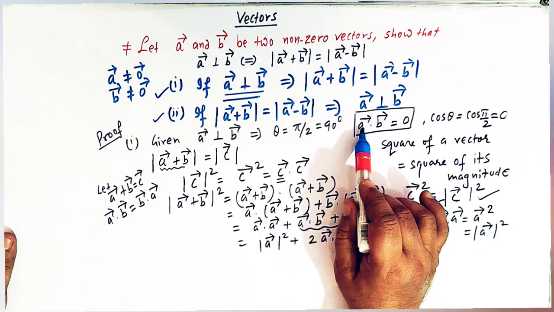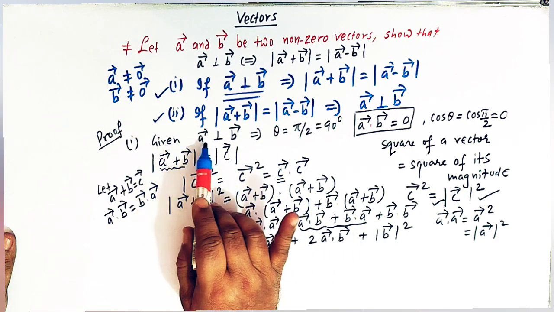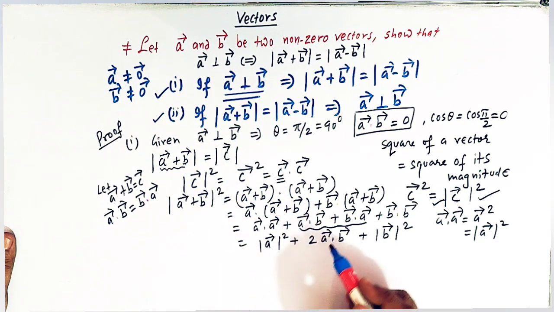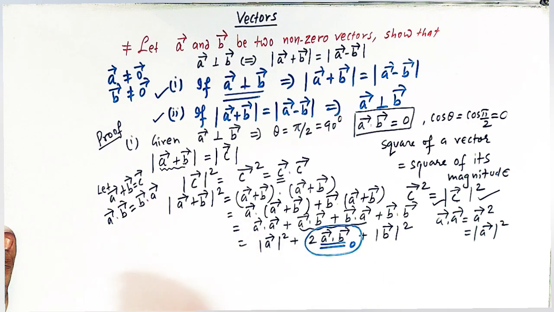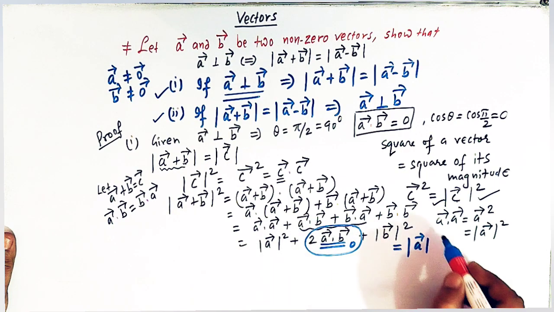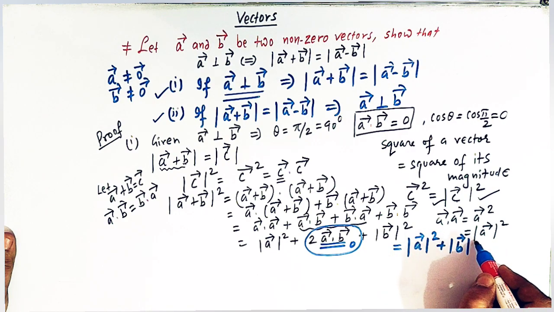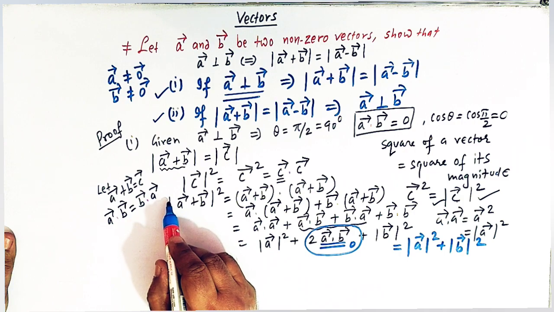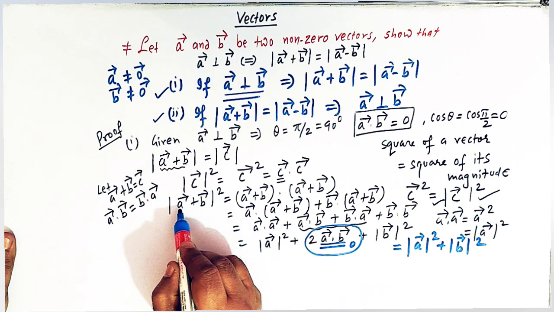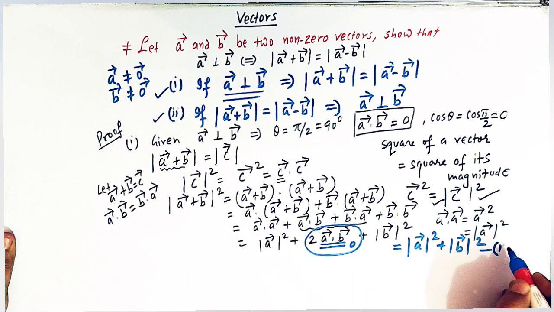Now the dot product of vector A and vector B is 0 because we are given that vector A is perpendicular to vector B, so this entire term becomes 0. So we have simply the square of the magnitude of vector A plus the square of the magnitude of vector B, right? So the square of the magnitude of A plus B is given by this relation.